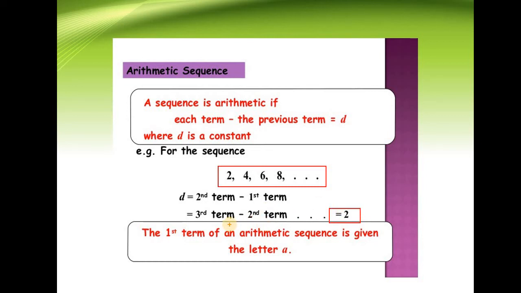Similarly, the third term minus the second term will also be equal to 2. So here is how we find the common difference. To find the common difference, we will use this one: each term minus the previous term will be equal to d.